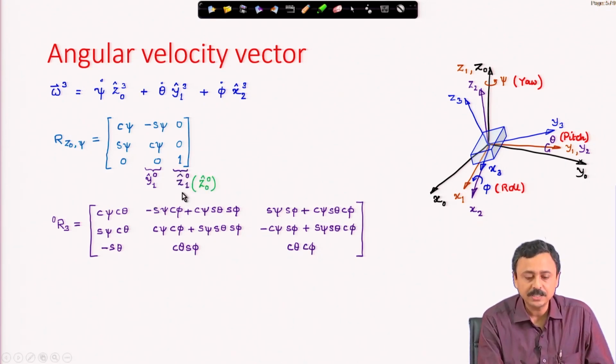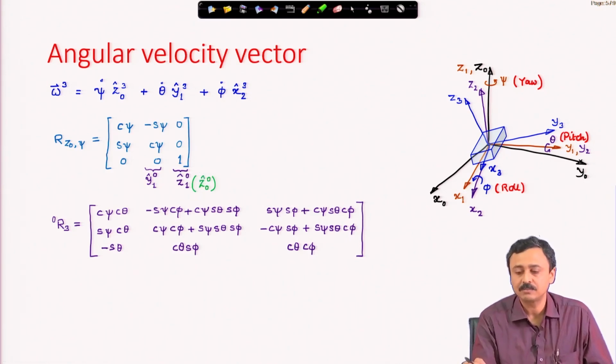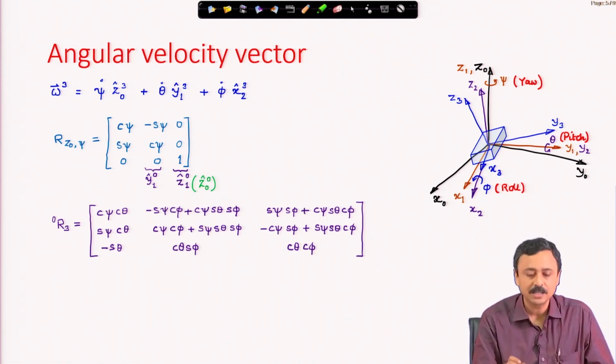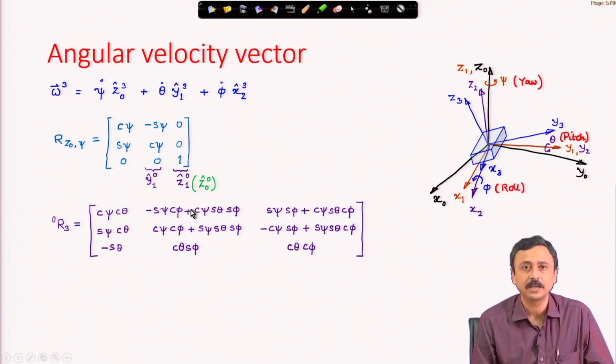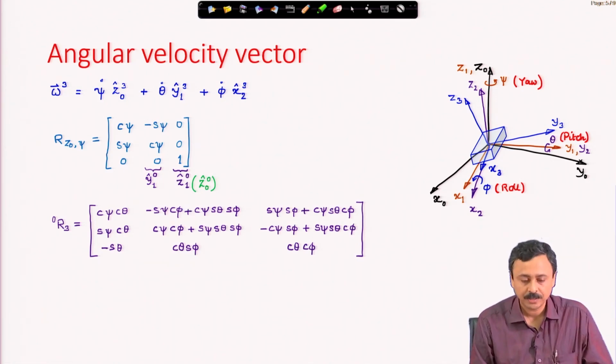Third column represents z 1 in x 0 y 0 z 0, and because it was a rotation about z 0 itself, z 0 and z 1 are actually identified, that is why it is 0 0 1. 0 0 1 is z 0 represented in x 0 y 0 z 0 or z 1 represented in x 0 y 0 z 0.